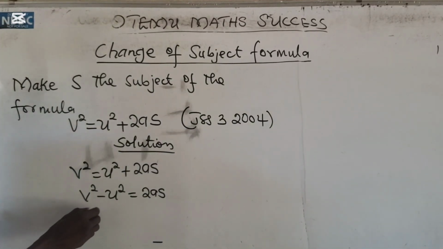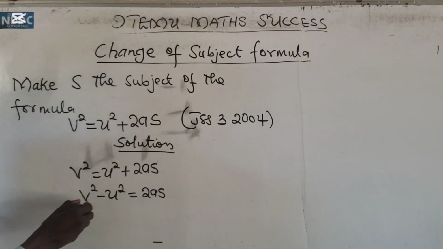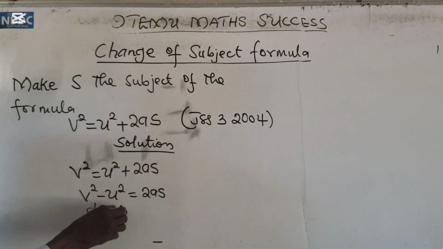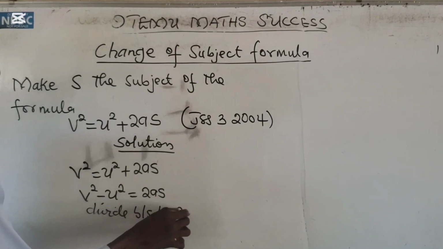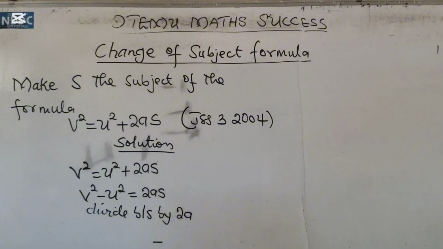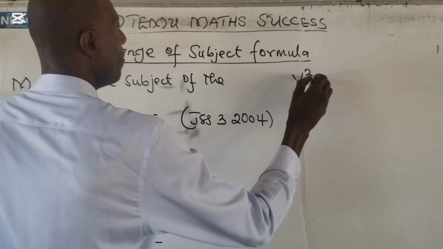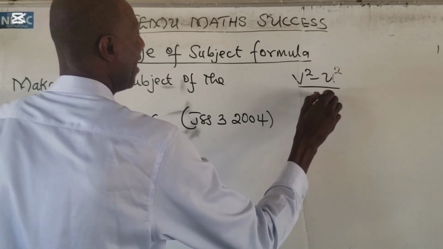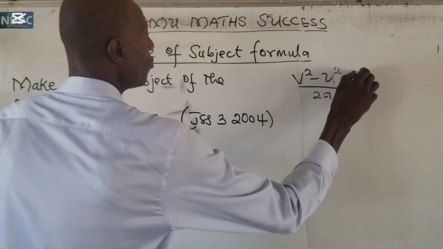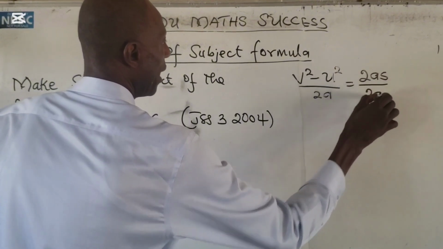Now, what is attached to s is 2a. So I will divide both sides by 2a. That simply means v squared minus u squared over 2a is equal to 2as over 2a.